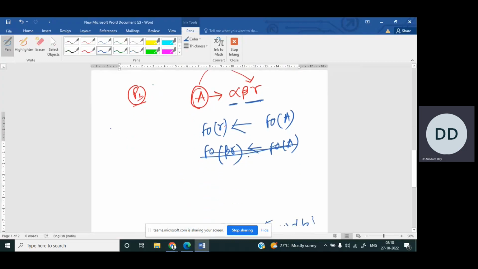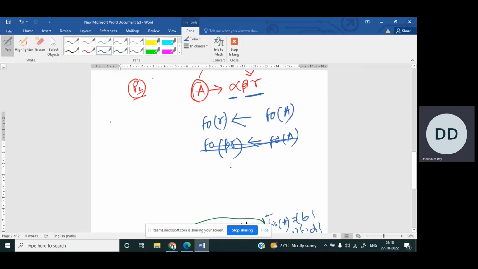Now there's an interesting situation. If there is a production A to beta, and I don't know whether beta is a terminal or non-terminal, can you apply rule number 3 here? No, three segments or two segments are required, so you can put epsilon here because epsilon means 1. Under that condition, the follow of A will go to the follow of beta because here I can take it in a two segment format.